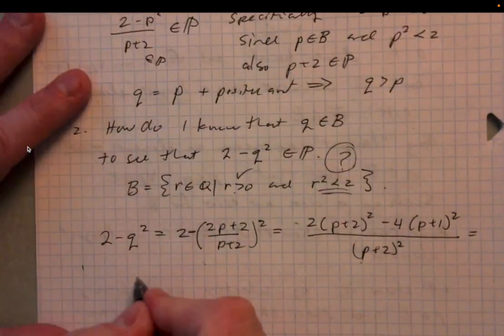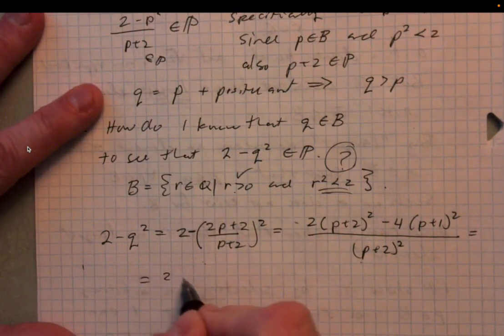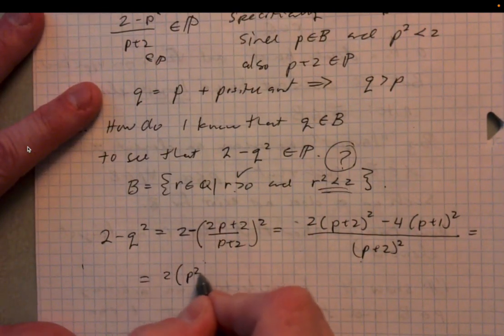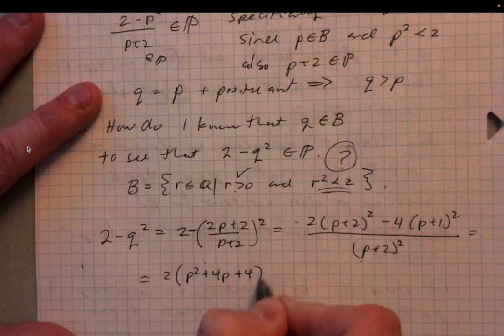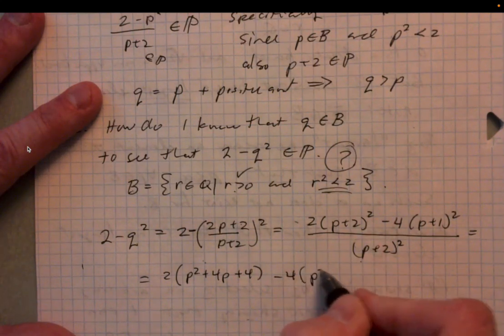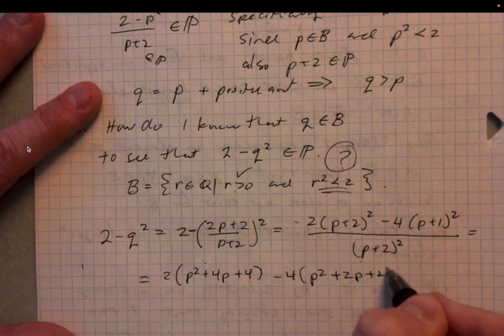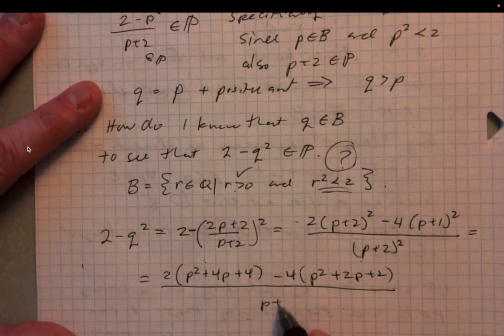I can expand all of this, and I would get 2 times (p squared plus 4p plus 4) minus 4 times (p squared plus 2p plus 2), all over (p plus 2) squared.